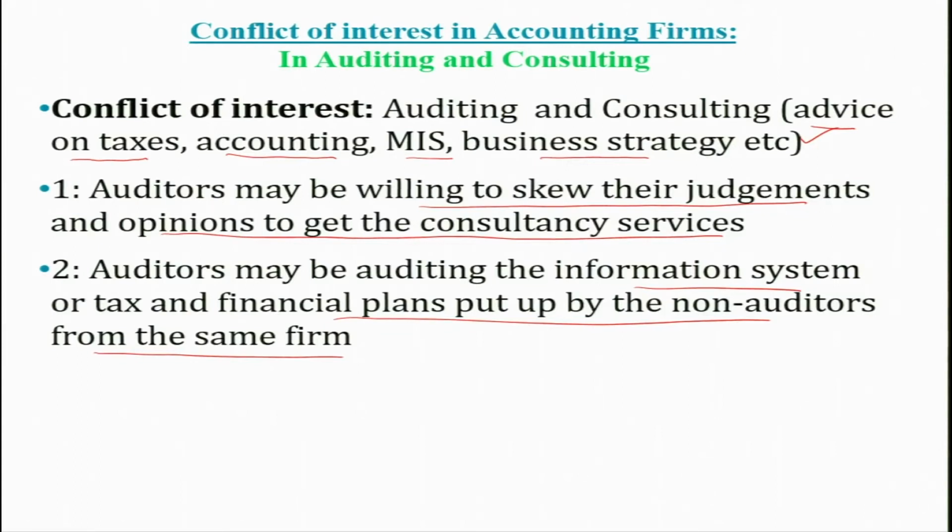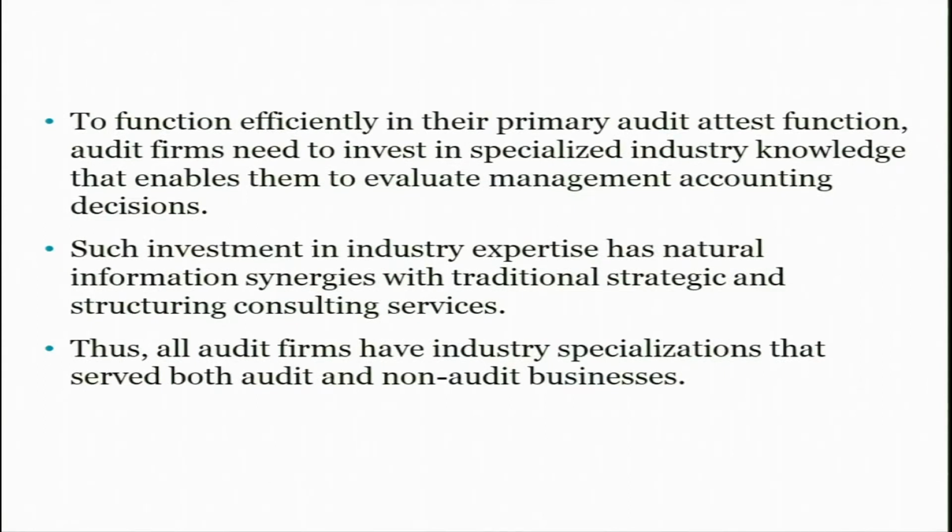By reducing information asymmetry between the management and investors, the certification provided by an audit should have a measurable value. To function efficiently in the primary audit attest function, audit firms need to invest in specialized industry knowledge that enables them to evaluate management accounting decisions.